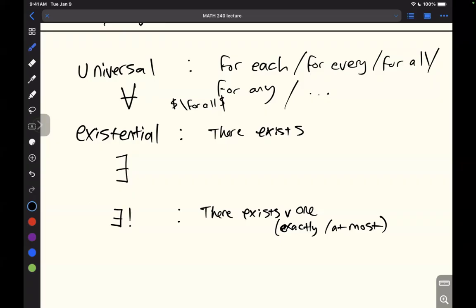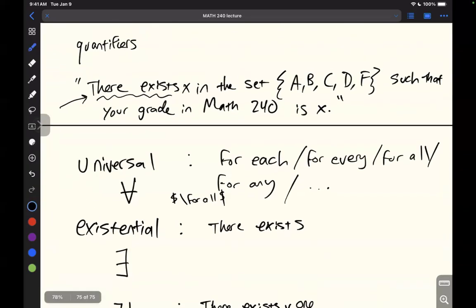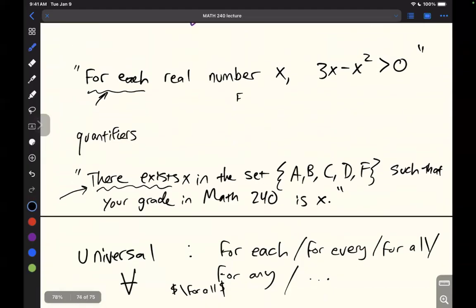And so to say for each real number X, we can say it instead as, for each number X in the real numbers, and then we can have this equation.